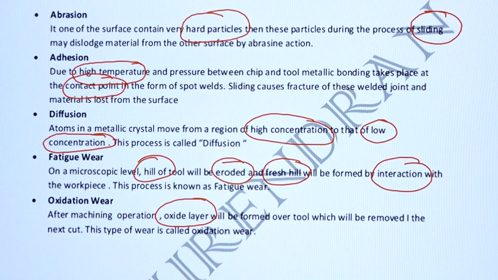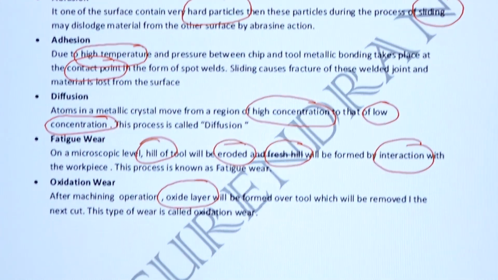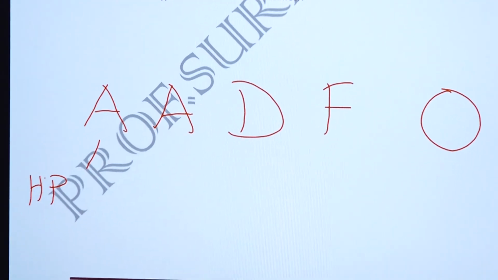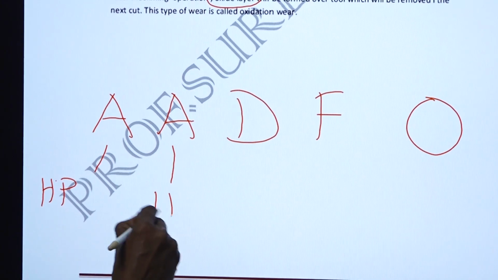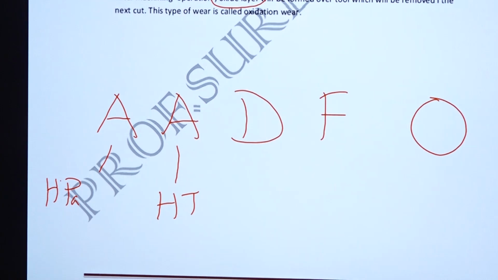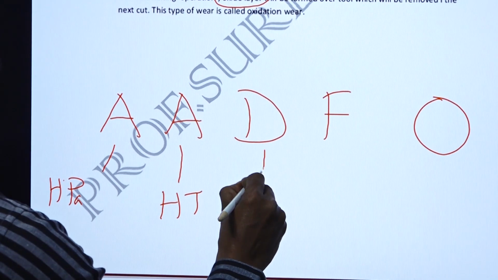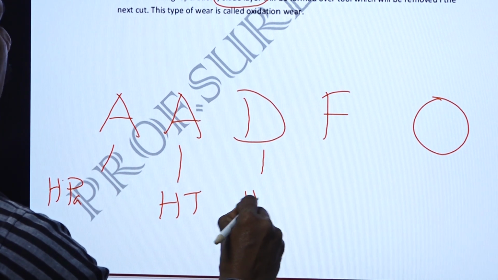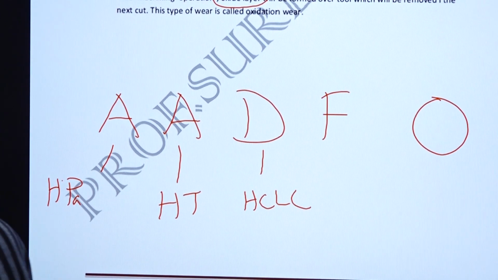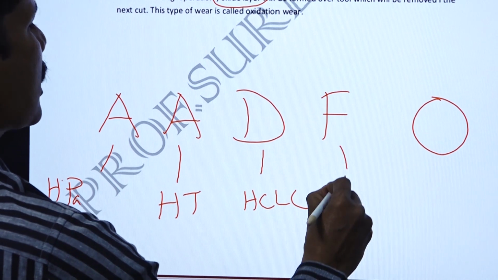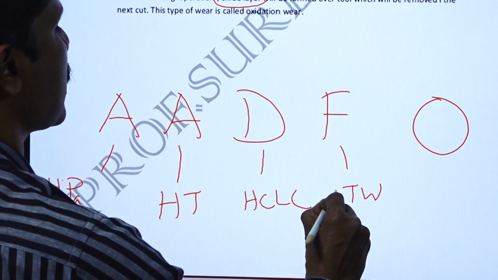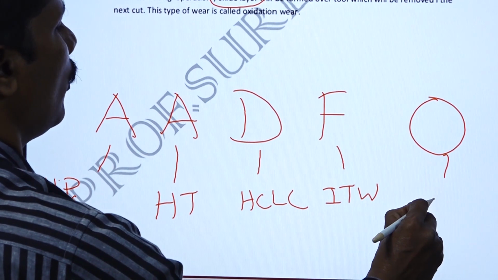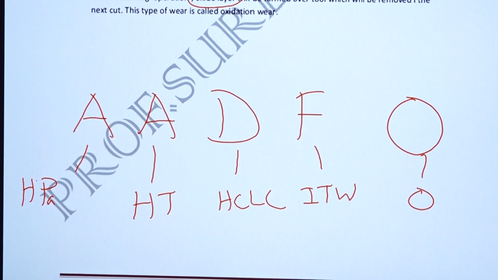Okay, so one by one. Abrasion occurs with hard particles. Adhesion, high temperature. Diffusion, movement from a region of high concentration to low concentration. Fatigue wear, interaction between tool and workpiece. Oxidation wear, oxide layer.